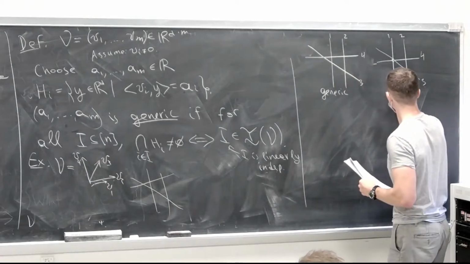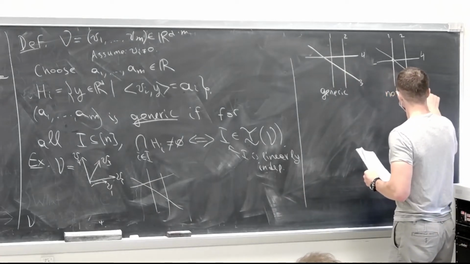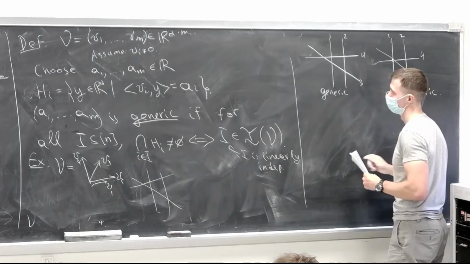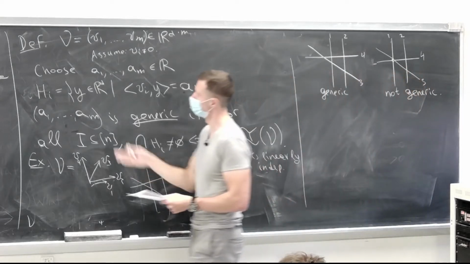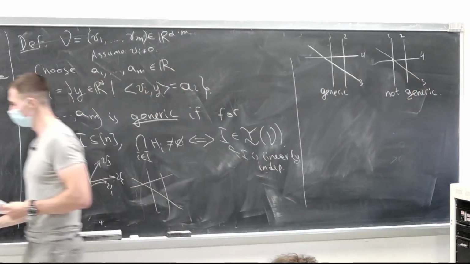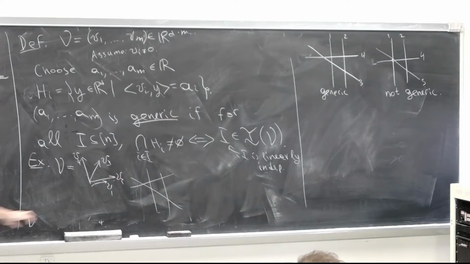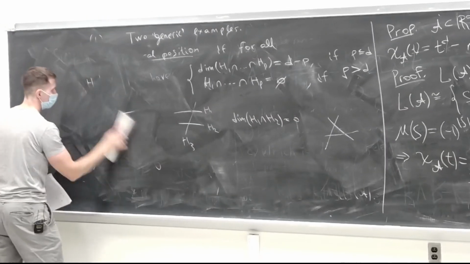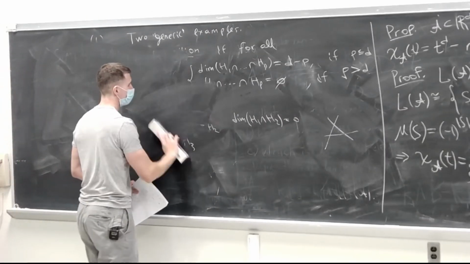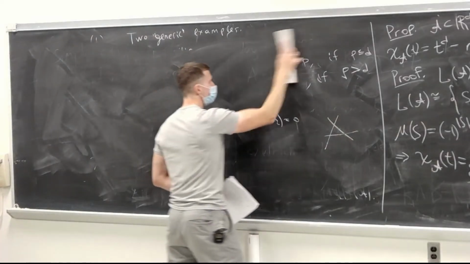This is not generic. So I have a different notion of generic, which is defined for any given vector configuration. And now I want to compute the number of regions, the number of bounded regions, and the characteristic polynomial.